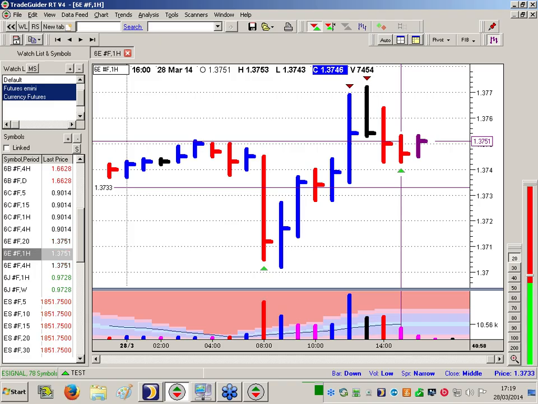What was the question, though? The question was, if you see a gotcha bar, it widespreads down, and if you go to a lower time frame, you can sometimes see what looks like stopping volume. Well, yes.